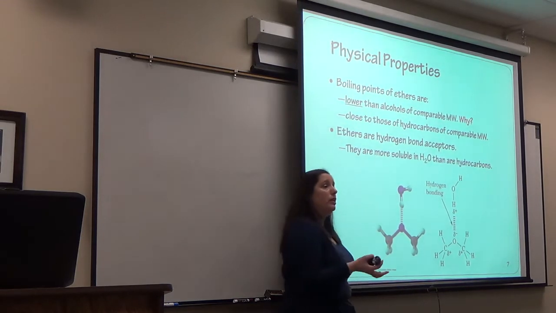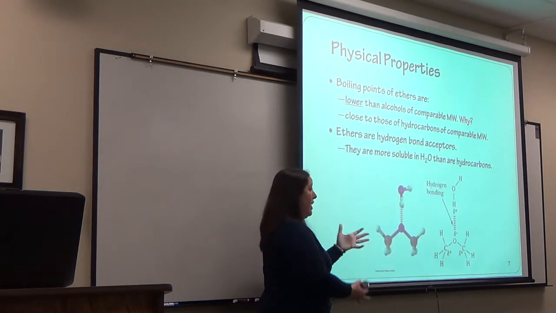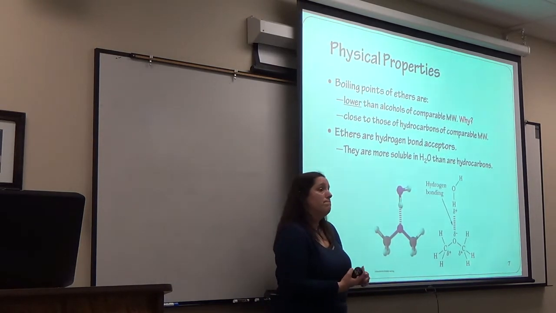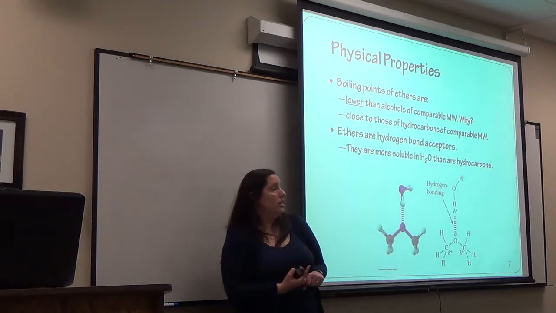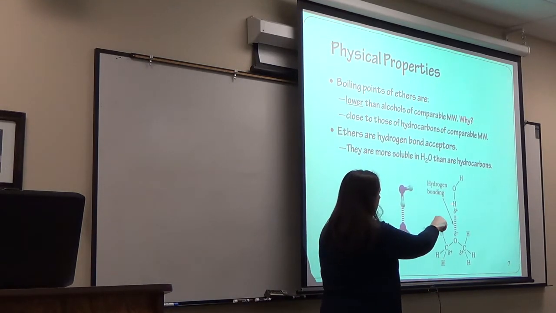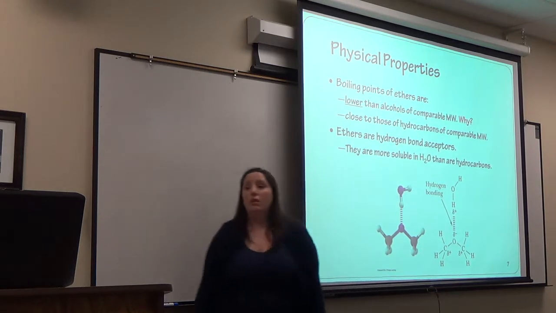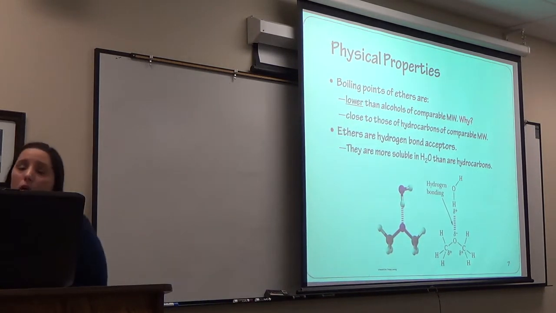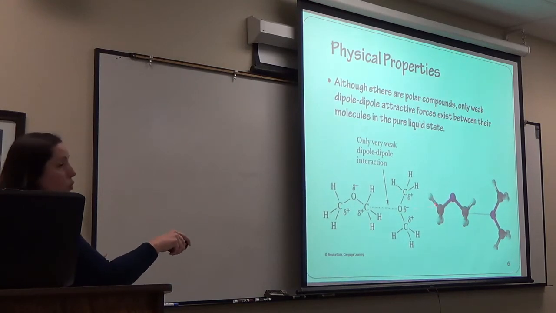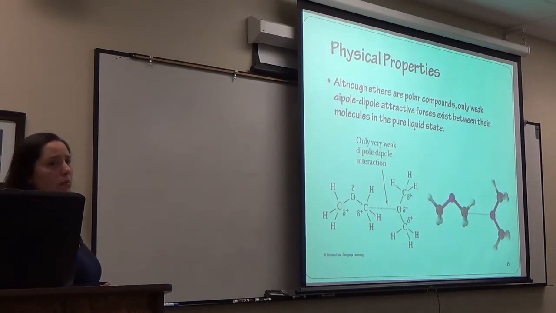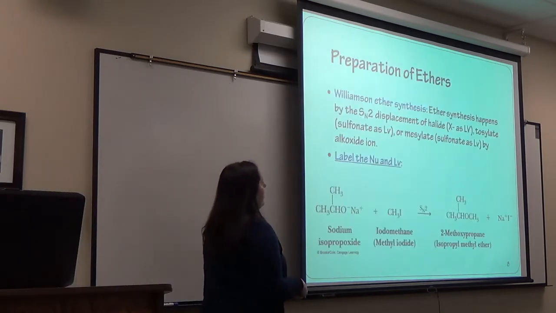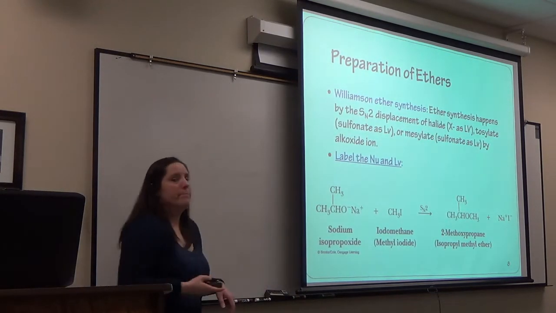So ethers are still able to dissolve in water as long as they're small, because the oxygen can still accept the hydrogen. But it cannot hydrogen bond with itself. It can only form these weak dipole-dipole interactions. Does that make sense? So the hydrogen bonding is not there. So that's the why up there.